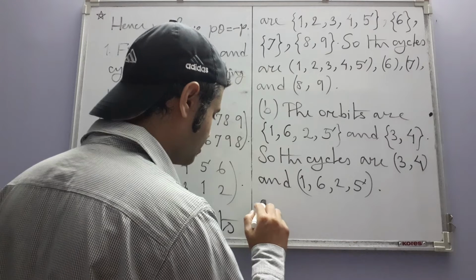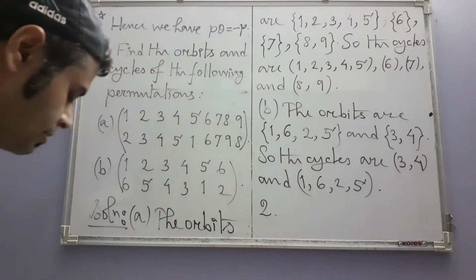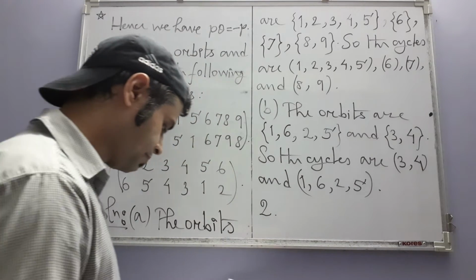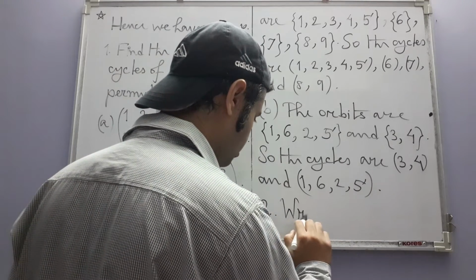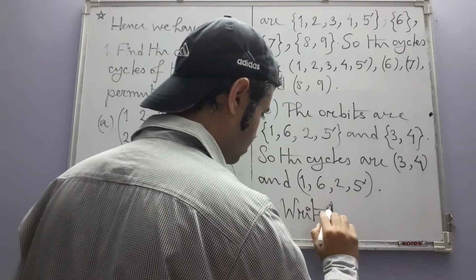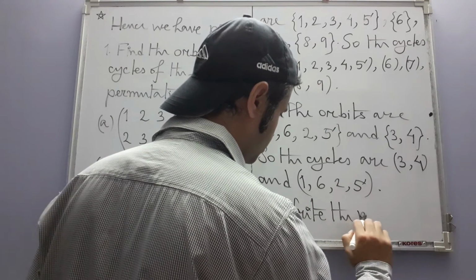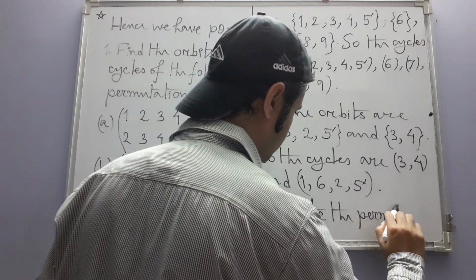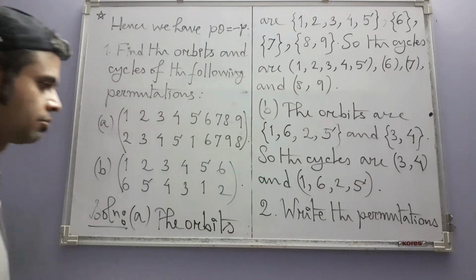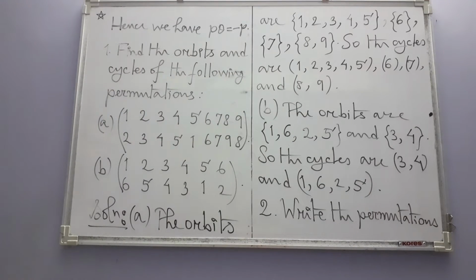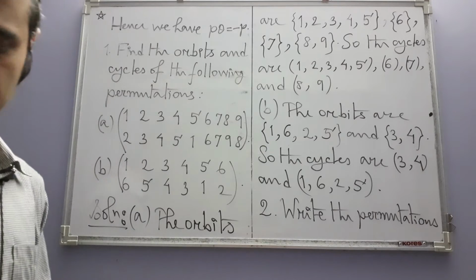Anyway, how many times shall I write exercise? Let me just simply write 2. Write the permutations in exercise 1 as products of disjoint cycles.